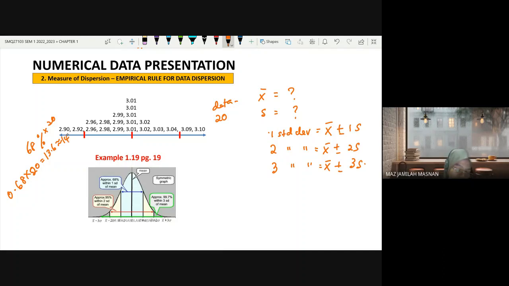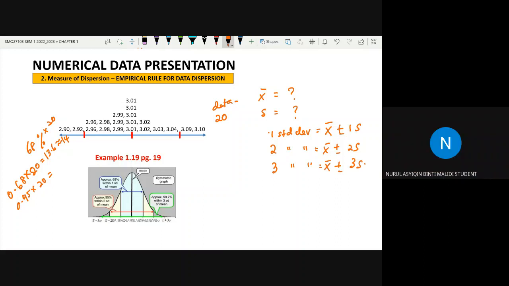What about 95%? So 0.95 multiplied with 20, how many? 19.